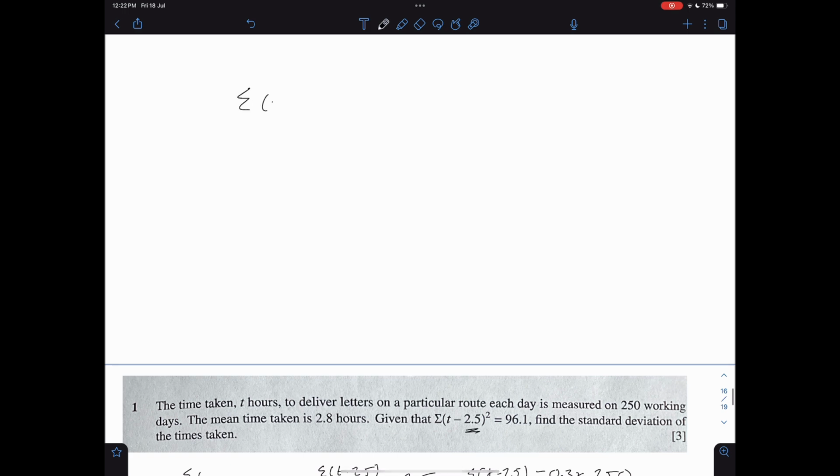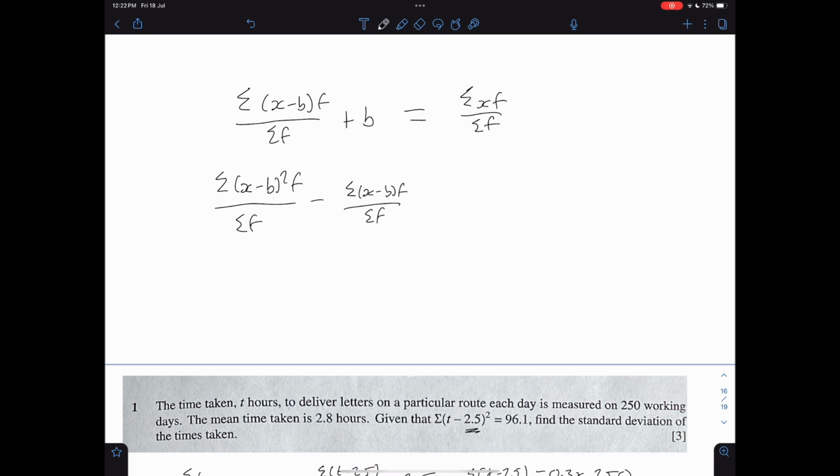The sum of (x − b)f over the sum of f plus b equals the sum of xf over the sum of f, and the sum of (x − b)²f over the sum of f minus (the sum of (x − b)f over the sum of f) squared is equal to the sum of x²f over the sum of f minus (the sum of xf over the sum of f) squared. Do lots of practice.